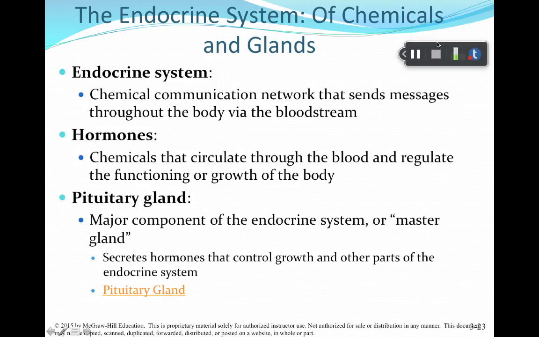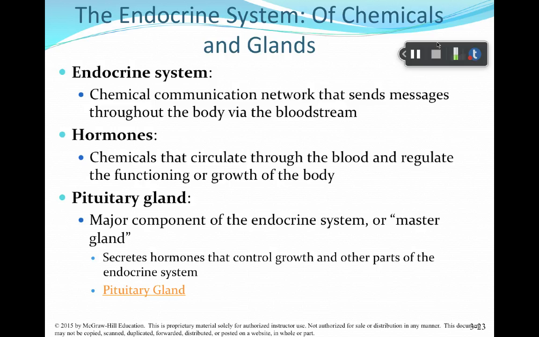So the endocrine system is a really important part of our body. It sends messages via the bloodstream, and it tells us about our basic functions. So, hormones.